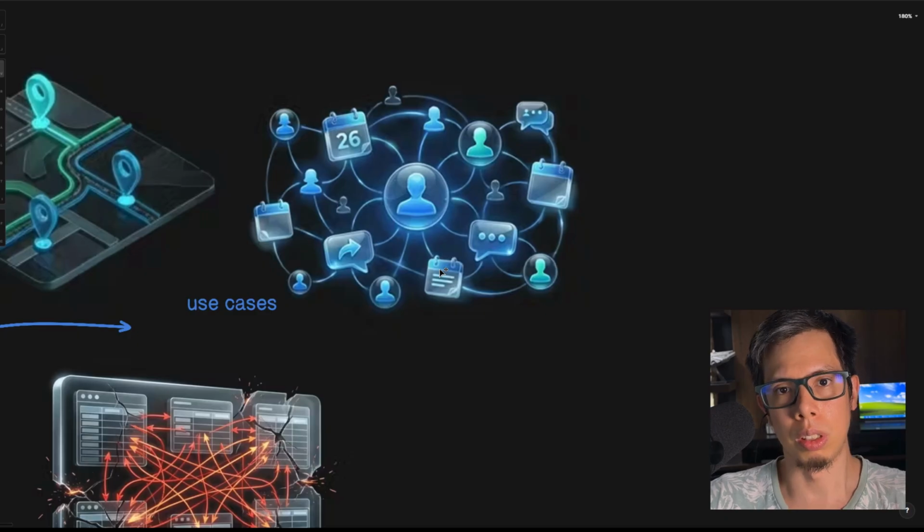Another problem that was resolved is if you want to create a social network. In a social network there are multiple users, and a user needs to follow other users, right?